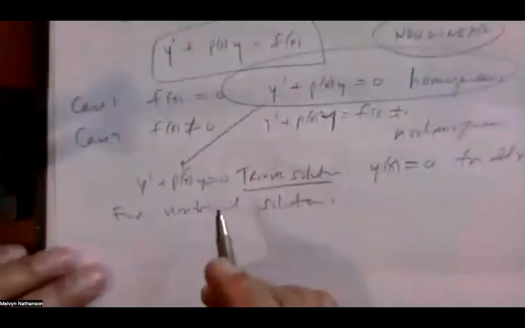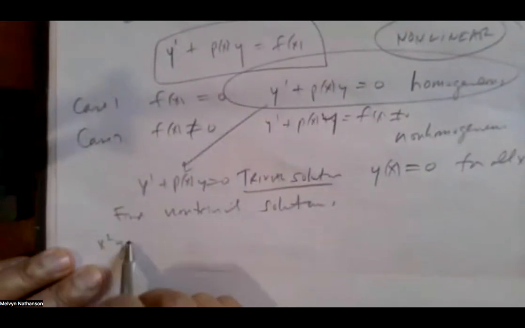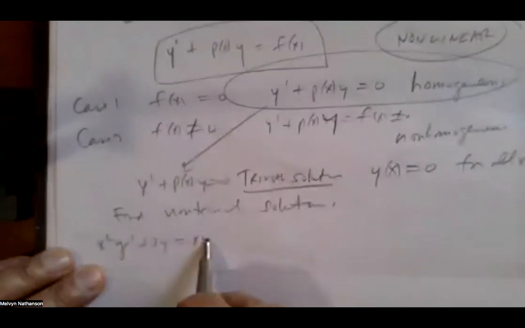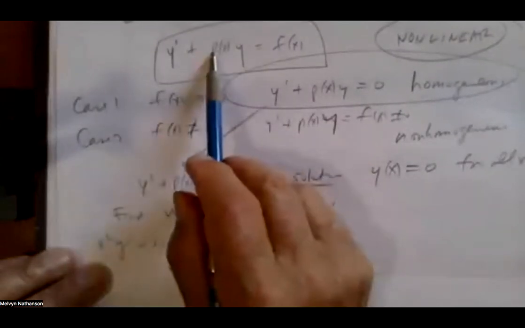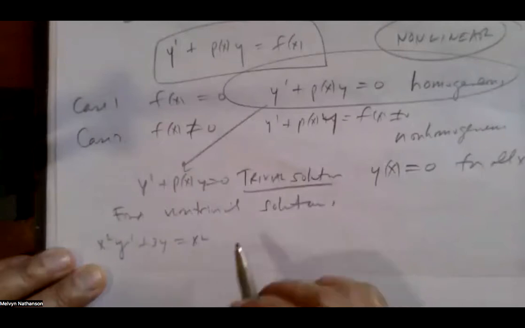It's also very important to note that an equation can be linear even if at first glance it doesn't seem to be linear. So if you have an equation like x squared y prime plus 3y equals x squared, that's not of this form because I have x squared times y prime. On the other hand, there's no reason why I can't divide by x squared. Right?